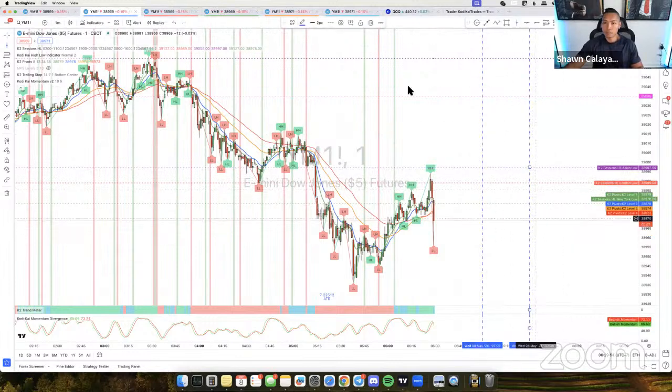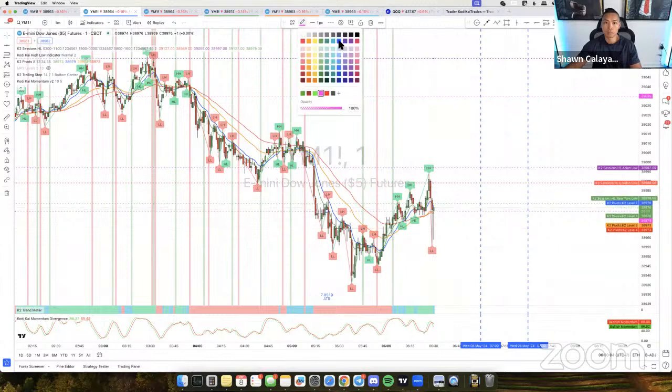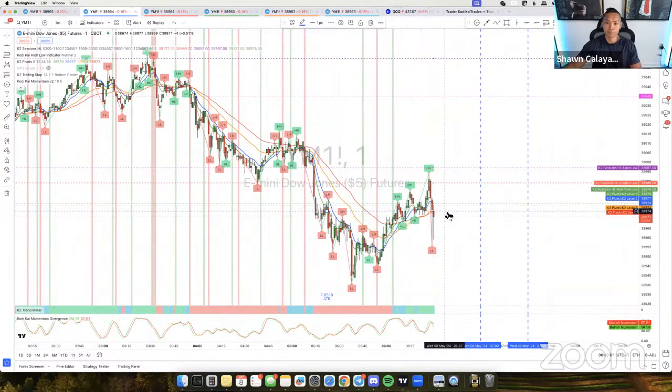All right, guys, market is opening up in 5, 4, 3, 2, and 1. Market is now open. So here goes the opening candle right here. Color that blue.